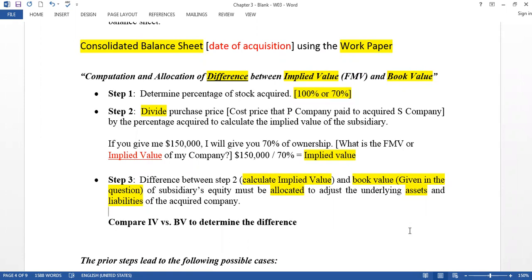We should know how much percentage we acquired and what is the cash or common stock we sacrifice to buy the subsidiary company. Then the formula is the cash paid or sacrificed, divided by the percentage, and we calculate the implied value of our subsidiary company. Then the question gives us the book value, and we compare it to find the difference.